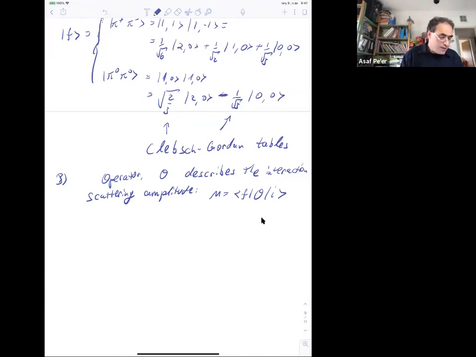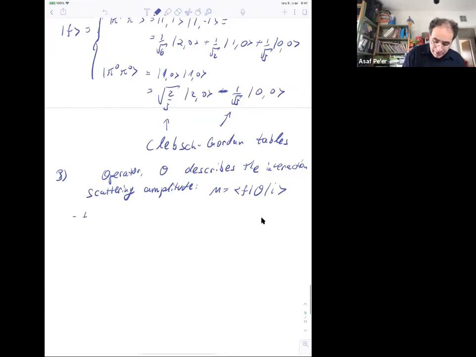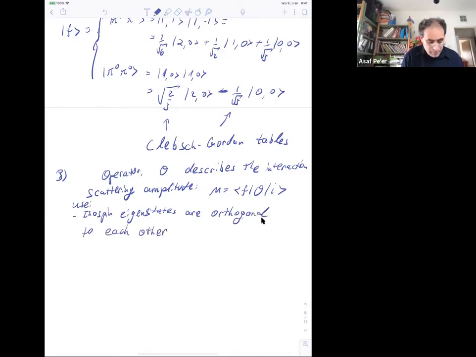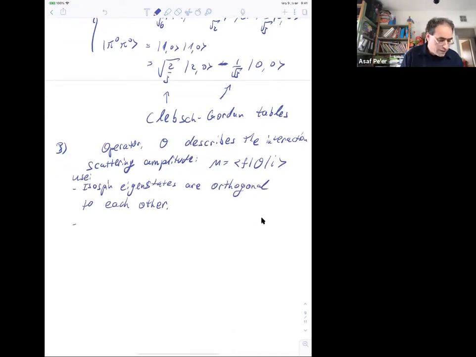We know that the isospin eigenstates are orthogonal to each other. And we know that if the interaction is to conserve isospin, conservation means that O, I, and I3 are conserved.